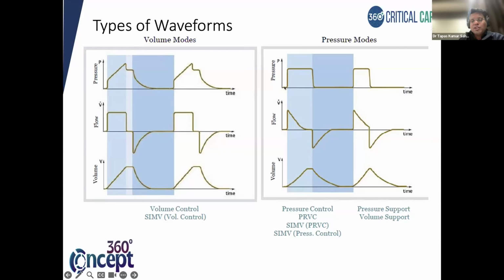In the pressure mode, the characteristic feature would be the pressure scalar in the square form because it is set. And in the volume mode, the flow target would be square. These are the two things to look for.